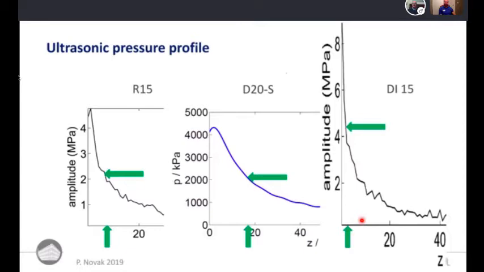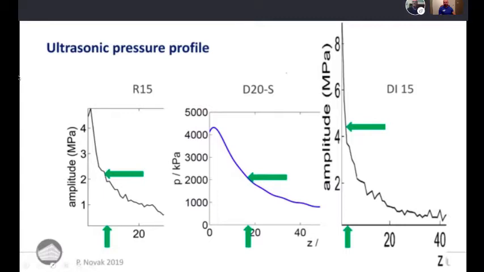But you have to consider, if you assume an absolute value of the amplitude, like the 5 megapascal with focused shock waves, and take 1 megapascal in this range, you would see that here you get relatively deep penetration depth. At 1 megapascal, it's more or less comparable to the R15.